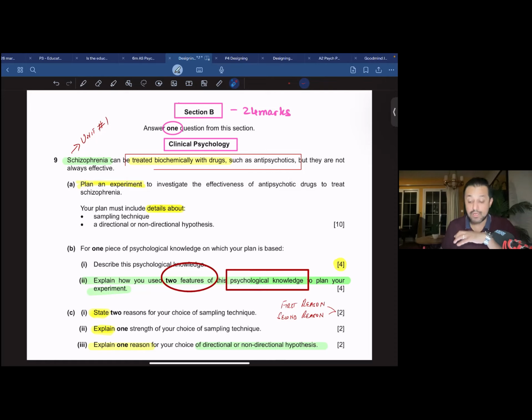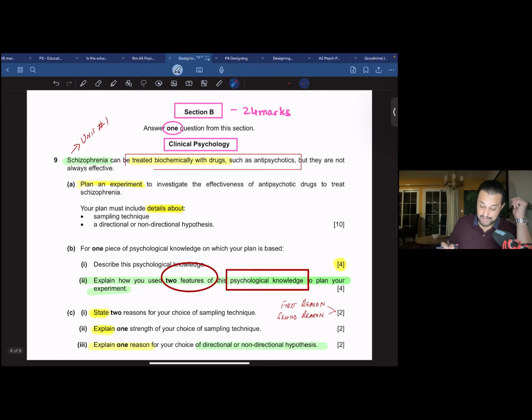But remember, understanding these questions and how to attempt them is just a quarter of what needs to be done. Two-thirds over here is played by practice. The more you practice, the better you keep on getting at it. The more designing a study questions you attempt, the better you keep on getting at it.